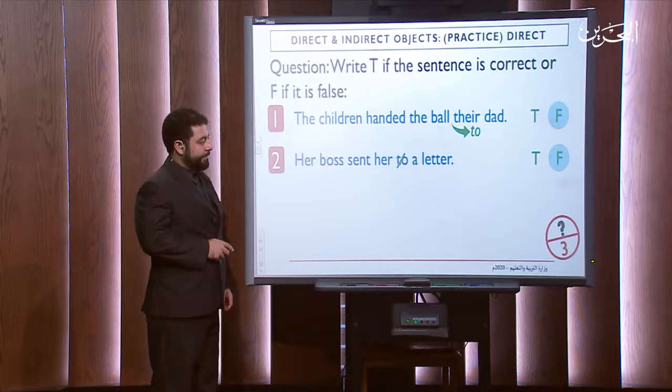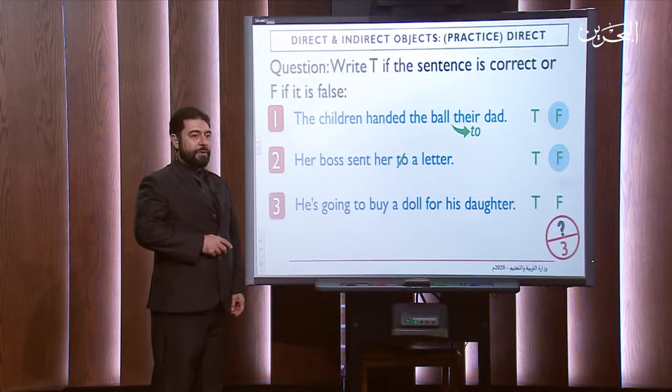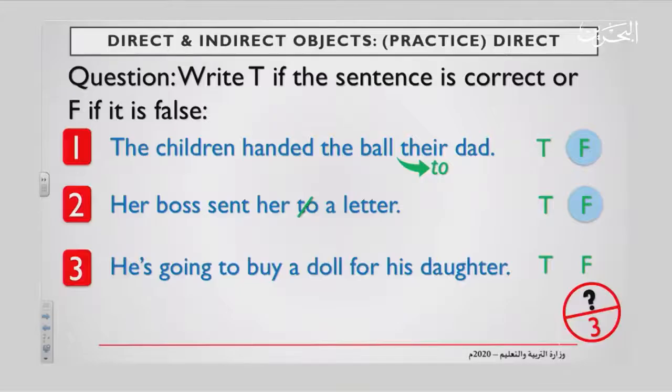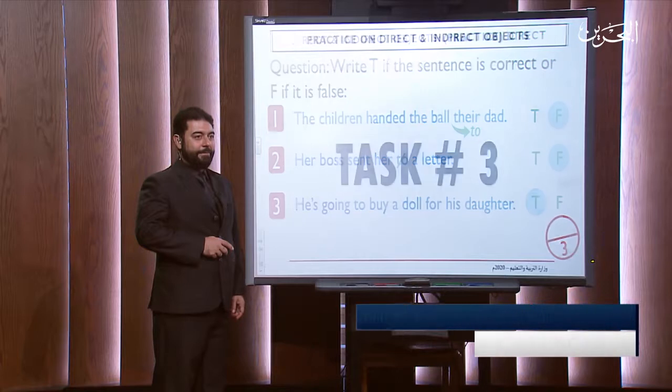All right. 3. He's going to buy a doll for his daughter. 5 seconds. Let's check the answer. It is true. Now, give yourself a mark of 3, and let's carry on.